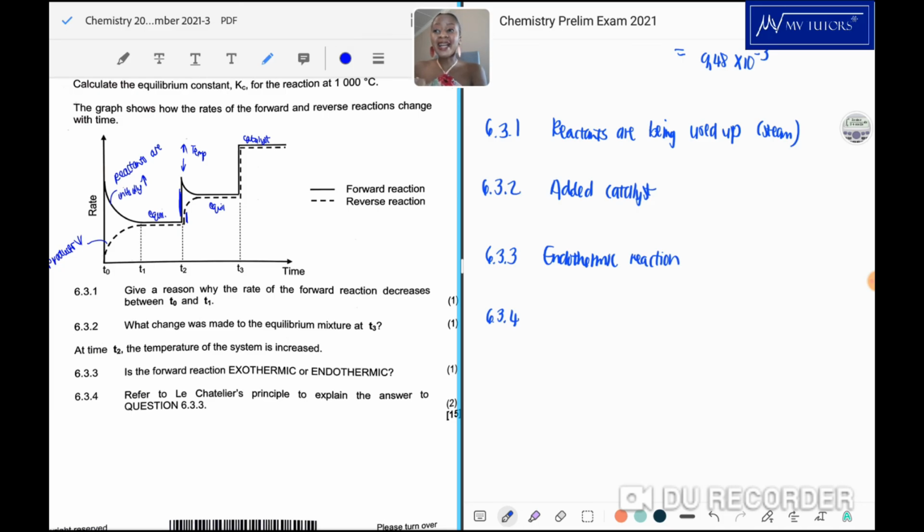Now, to apply Le Chatelier, if you have an endothermic reaction and the temperature is increased, the rate at which the reactants react will increase. So to apply Le Chatelier's principle, we need to find a balance.